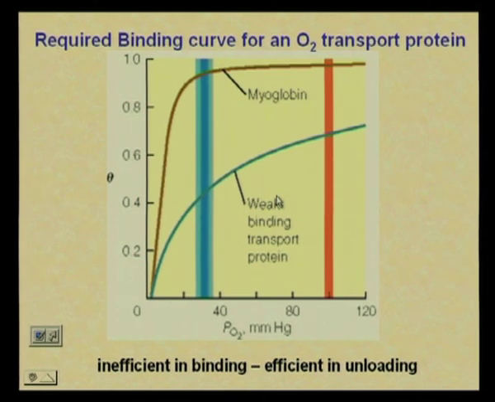In the previous case, we had a strong binding transport protein, but none of this is helping me. Why? Because in the lungs, I have to have strong binding, and in the tissues, I have to have it released. Okay? So, I sort of have to have a combination of methods, where it will be efficient in binding and also efficient in the unloading, right.